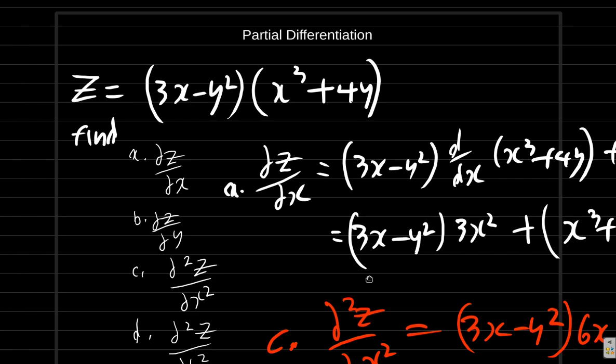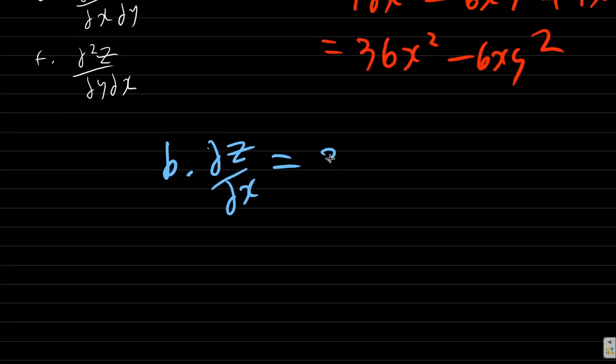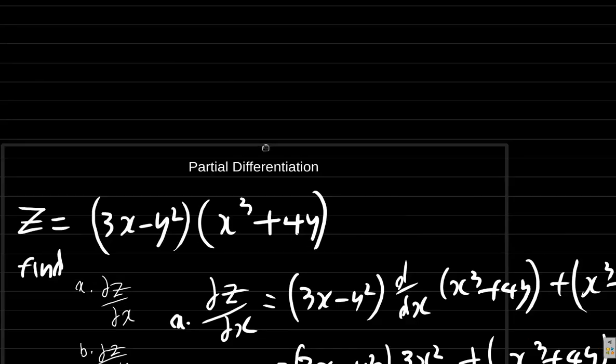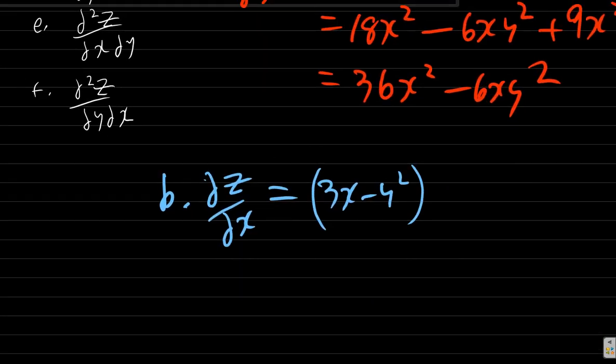Hold 3x minus y squared as it is, times you differentiate it with respect to y, you get 4. And by the way, we're going to get the first two derivatives again after we finish this by multiplying out the bracket first, because that's probably how you did it.